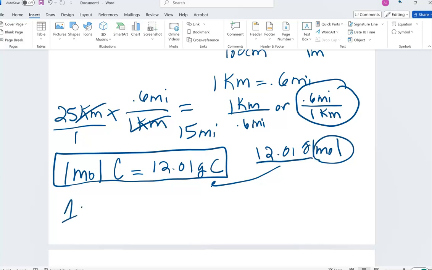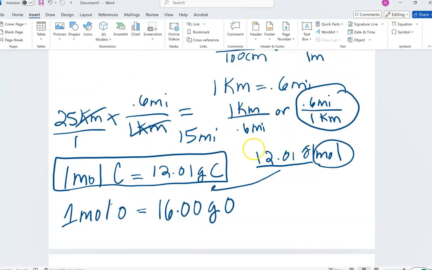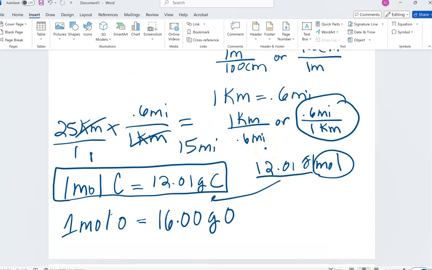So if I wanted 1 mole of oxygen, I would have to mass out 16.00 grams of oxygen. Again, this is the molar mass of a substance, and the only connection we have between moles and mass is the molar mass.